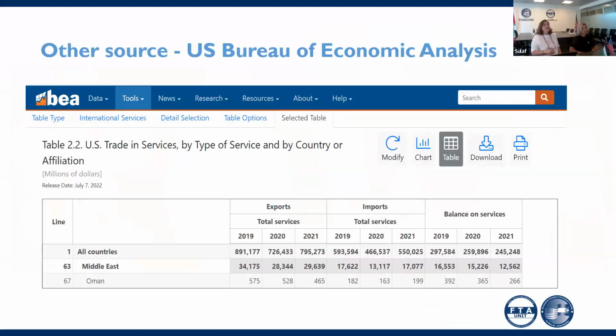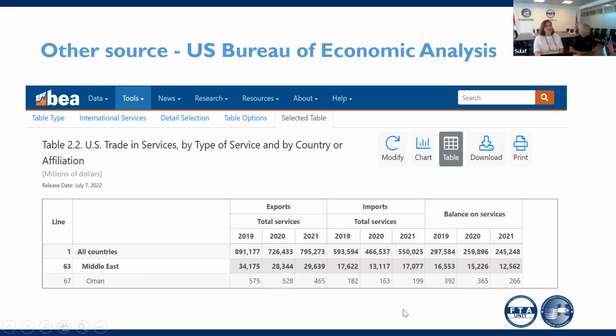Absolutely. It's harder to find data on trading services because of the nature. You can't calculate it exactly. It's difficult to count. But this is from the U.S. Bureau of Economic Analysis, and it gives a little look at how much comes from the Middle East and how much comes from Oman.